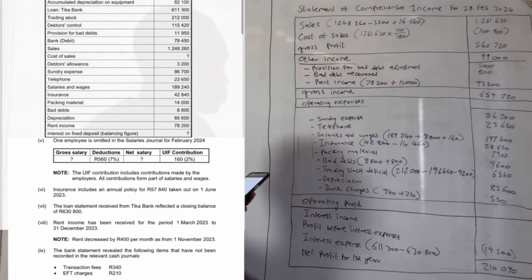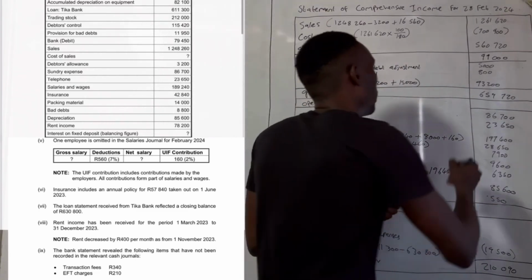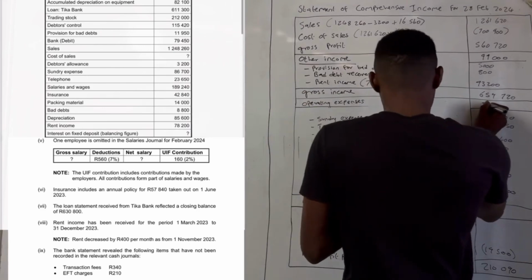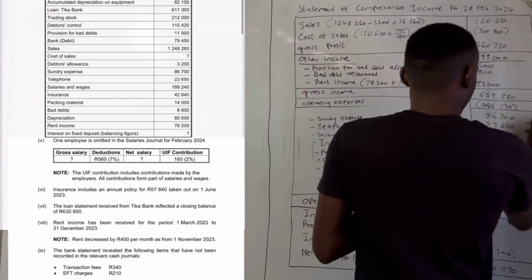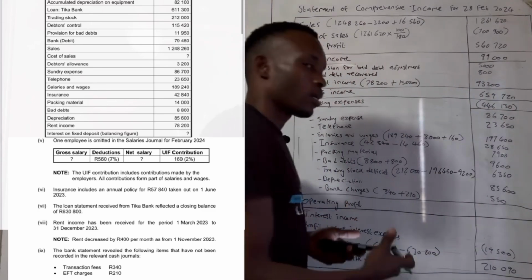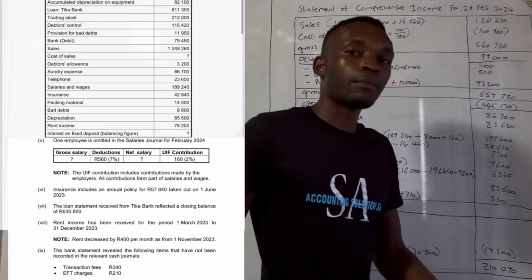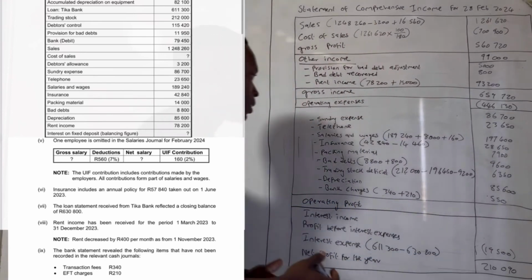Okay, if you add all expenses, you are likely to get this one, 446,130. If you don't get this one, just admit whatever you get, as long as you are applying the principle correctly.